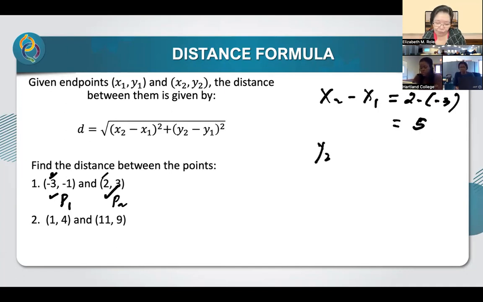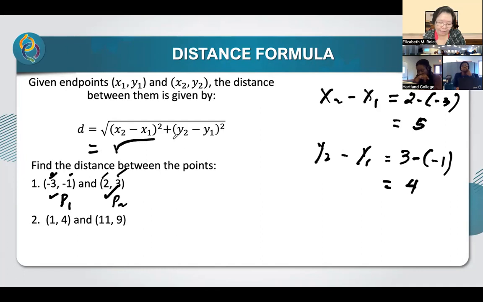Your y sub 2 minus y sub 1 will be, this is now our -1 and 3. So that will now be 3 minus -1, which gives you 4. And so, substituting to our formula, your x sub 2 minus x sub 1 is 5 squared.